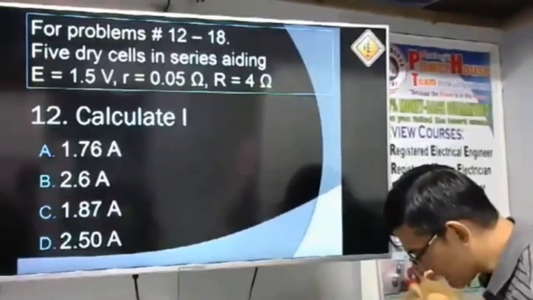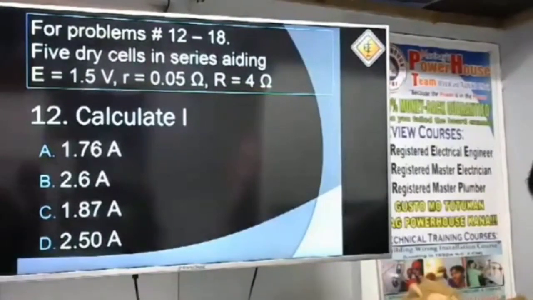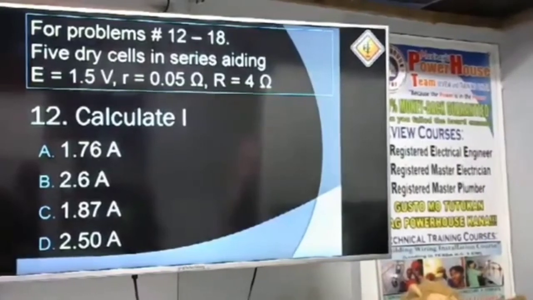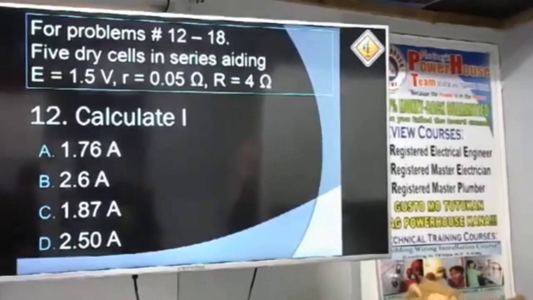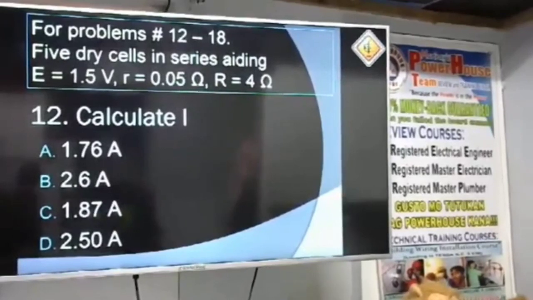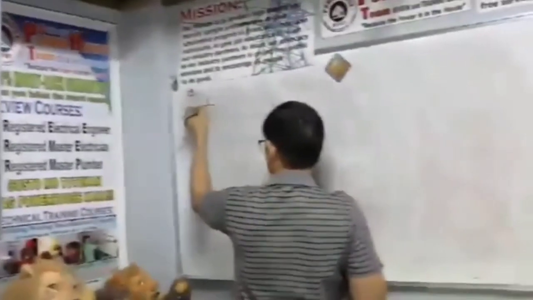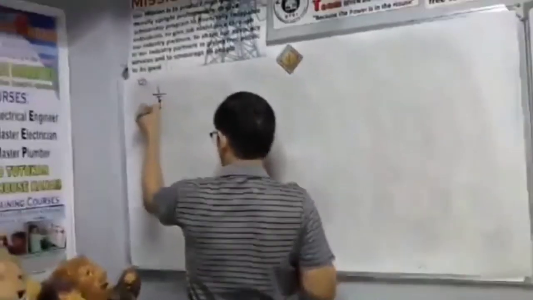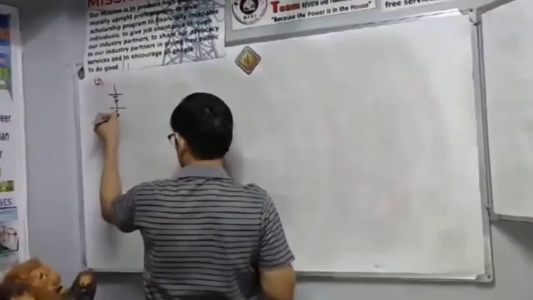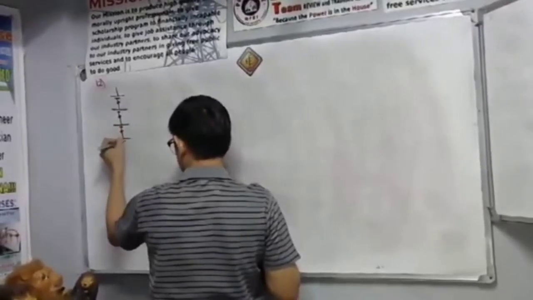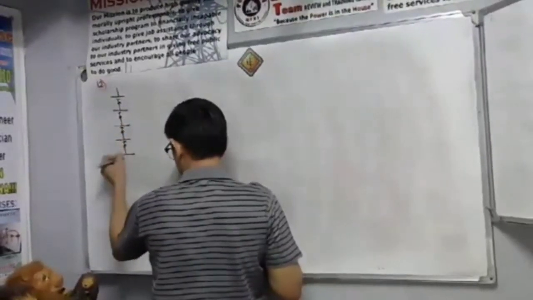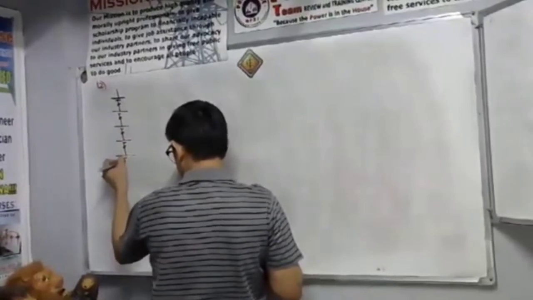So let us draw the figure for number 12. So we have here 5 cells. 1, 2, 3, 4, then we have 5.